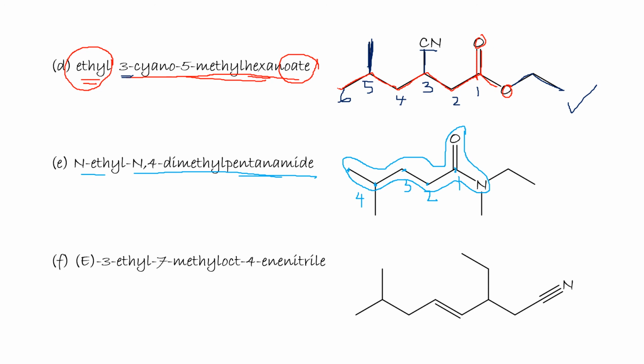On nitrogen we say ethyl, N-ethyl. So we have ethyl. We have N and 4, we have methyl, N-methyl, and 4-methyl. That's the structure.